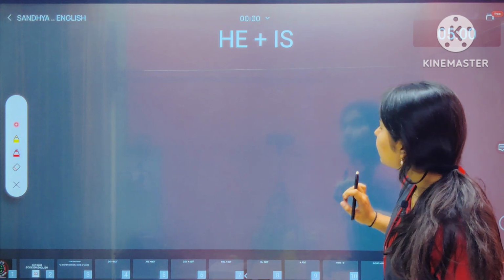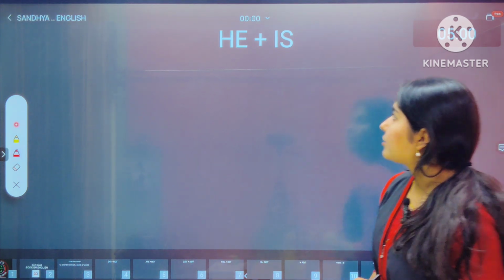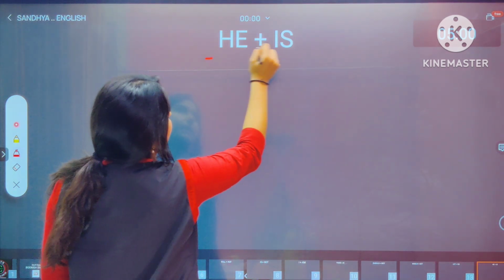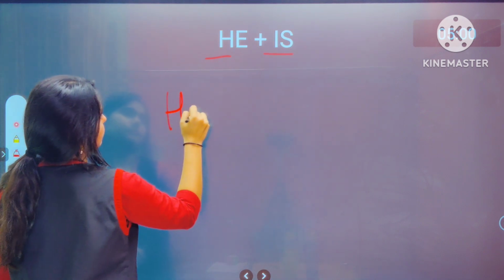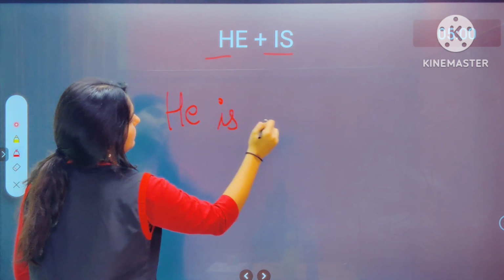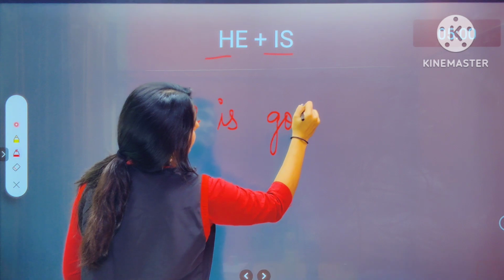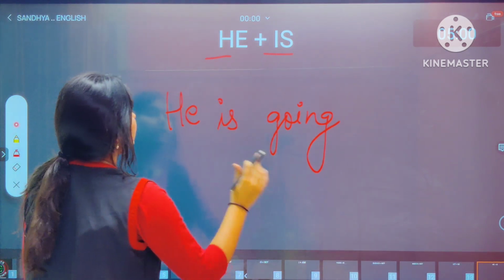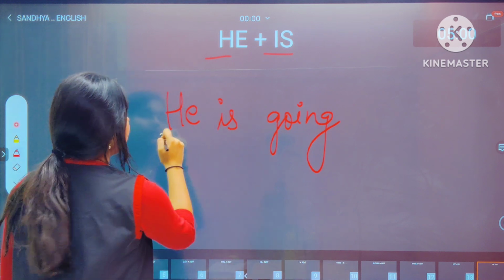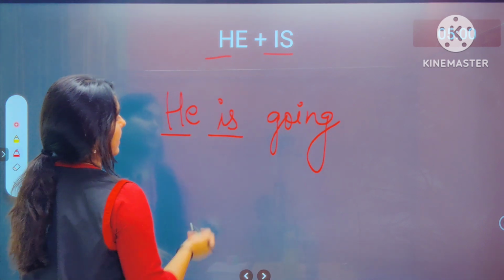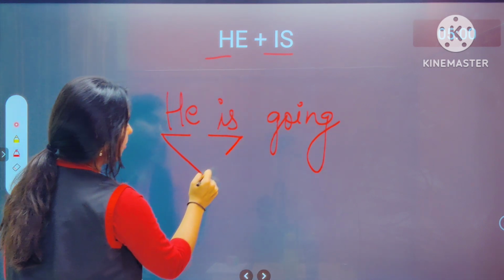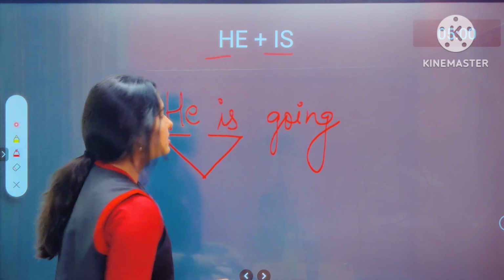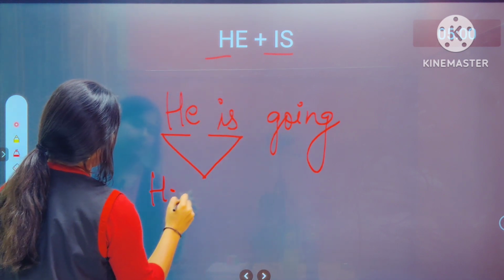Now the next contraction we have is he is. He is going. Now we have to contract two words, he plus is. And the contraction which we got after merging these words is he's.